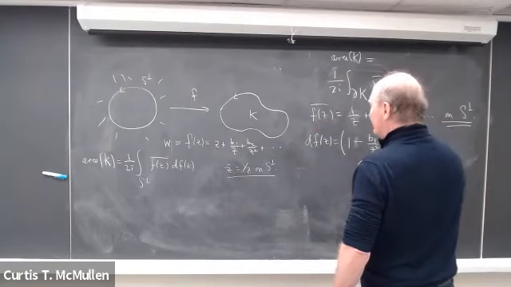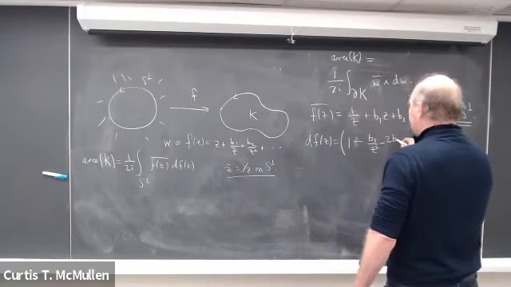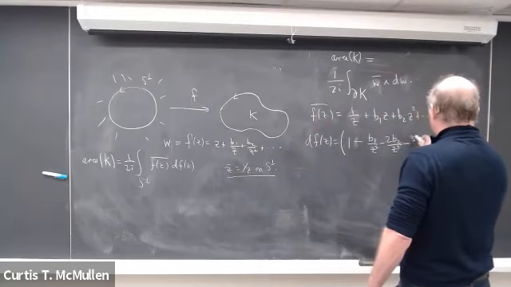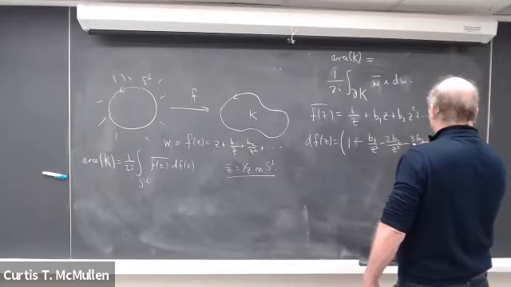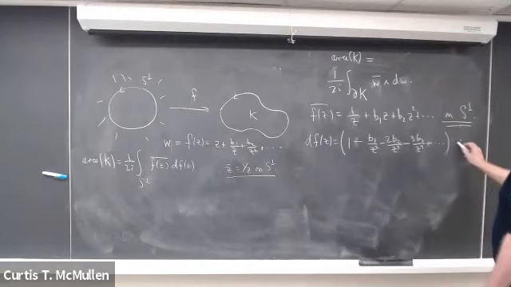And then I'm going to get minus 2 b2 over z cubed minus 3 b3 over z to the 4th, and so on. So I have a 1, and then I have a bunch of minuses, and then I have a dz.